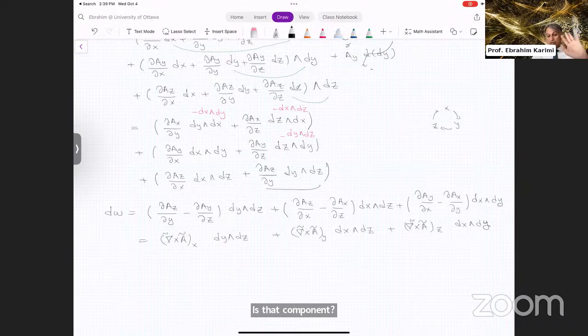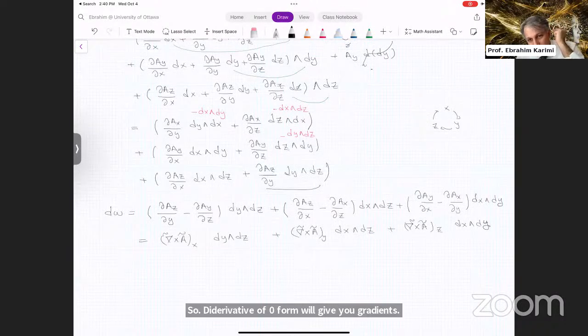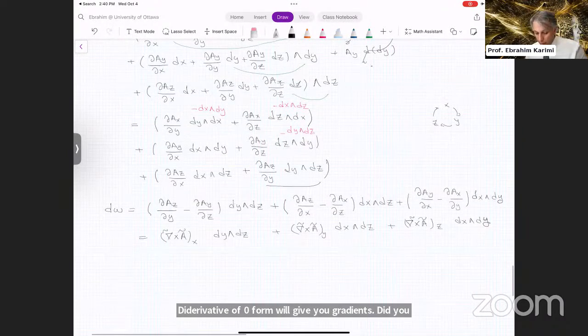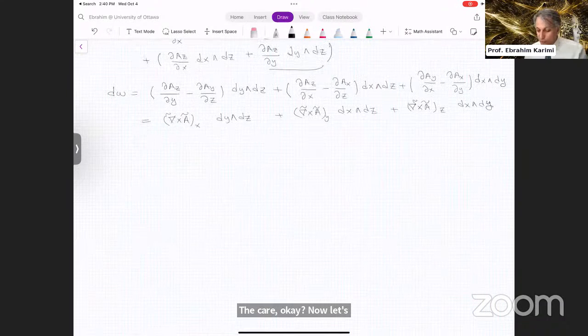So the derivative of a zero form will give you the gradient. The derivative of a one form will give you the curl. Okay. Now let's go with the derivative of the two forms.